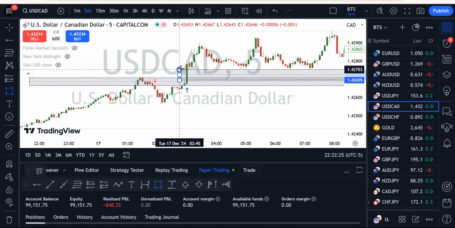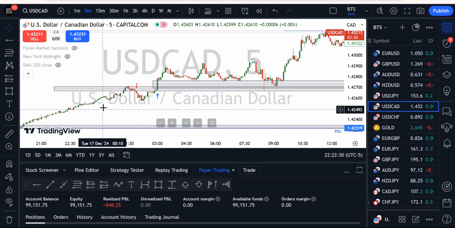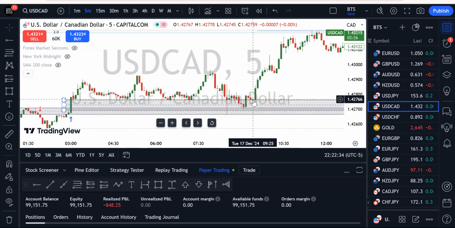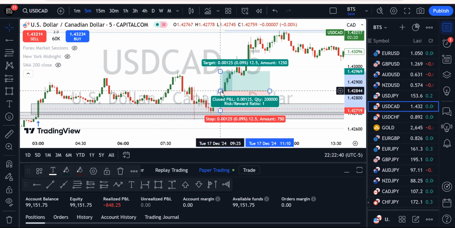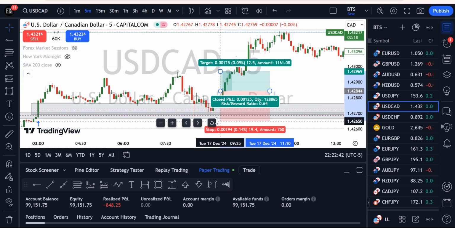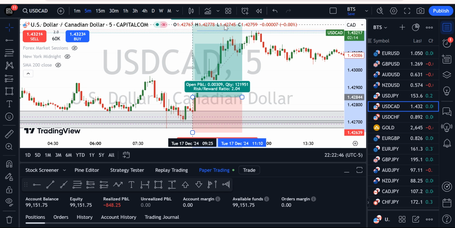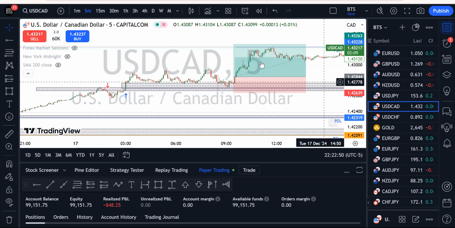So I can mark this. If I had seen the entry and price coming back using our previous day's high as a level of support, we would have picked our buy off of this candle or this candle. So stop loss would have been below the low, which would be around 20 pips. Then we'd be looking out for a 1 to 2, 1 to 3 risk reward ratio, something like that.